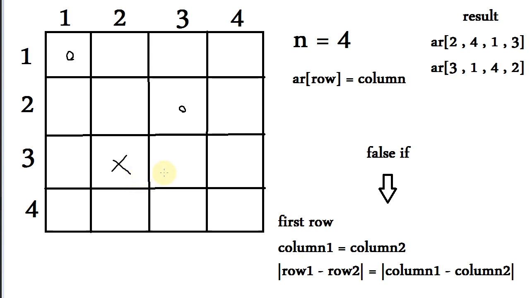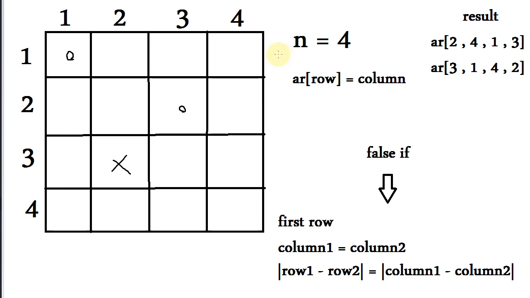Now, one thing I missed to tell you is that these conditions are called from the first row. So when our code reaches here, it starts calling this condition from the first row.